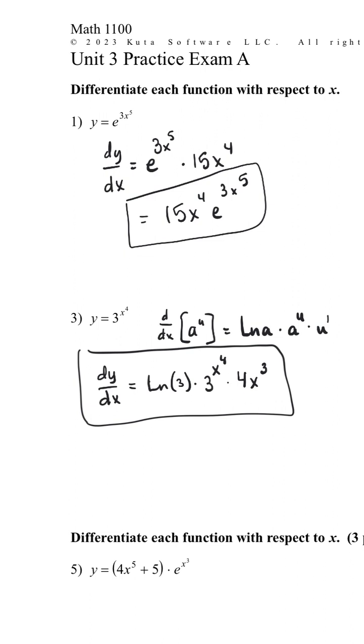Now, the other way to approach that problem, if you're worried about remembering a formula, because this formula won't be given on the exam, this would be something that's expected to be in memory. The other way to approach this is to rewrite the exponential function instead of a base 3, rewrite it as a base e, and then give it an exponent of natural log, because those two are going to cancel each other out anyway.